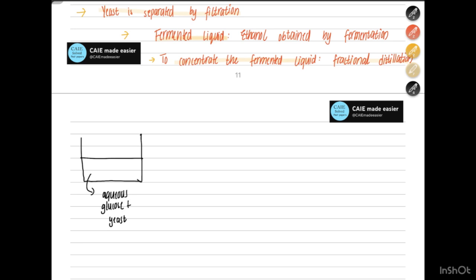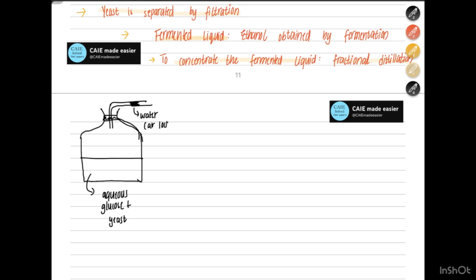Now, what they did here is that they also made an airlock. Excuse my drawing, please. This is the airlock. There is some water present which acts as an airlock.